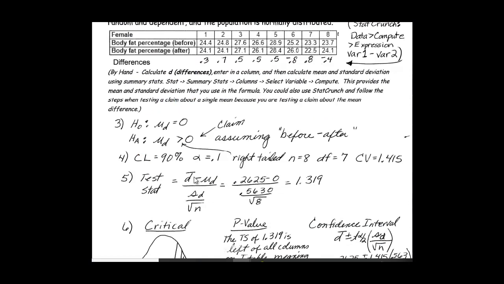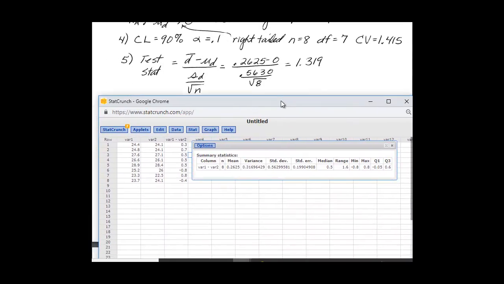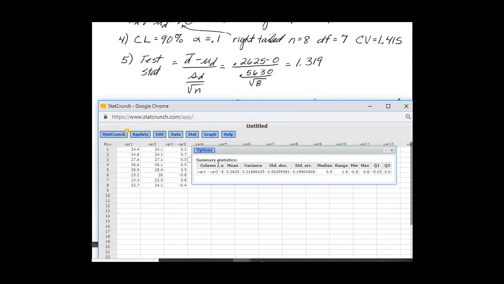Okay, so here's our formula. I've written it all down. Remember our, plug this up so you can see this. Okay, our summary statistics in StatCrunch told us that we had a mean of 0.2625. So that's what our D bar is. It is the sample mean of the differences.